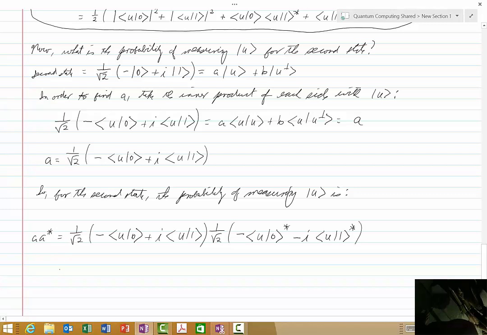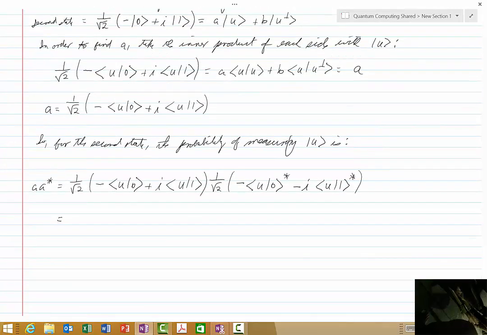And now we have a little bit of computation to do. The 1 over square root of 2 times 1 over square root of 2 will give us 1/2. If we multiply the first terms together, the negative sign times negative sign will give us a positive sign, and we will get the magnitude squared of U with 0.